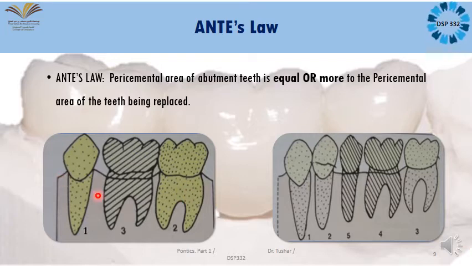So the pericemental area of the abutment teeth, in this diagram: for example, the pericemental area of this one abutment is 2 and of this other abutment is 3. So 2 plus 3 is equal to 5. The pericemental area of this missing tooth is around 3, because this is a molar and this is also a molar.